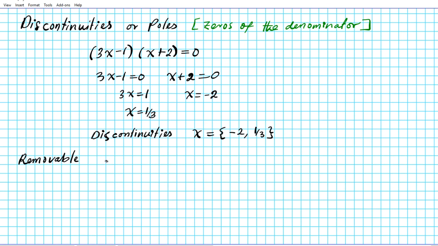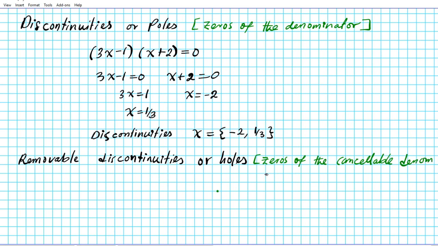The removable discontinuities, also known as the holes of the rational function, can be found by taking the zeros of the cancellable denominator factors. Okay, so we're looking for the zeros of the cancellable denominator factors.